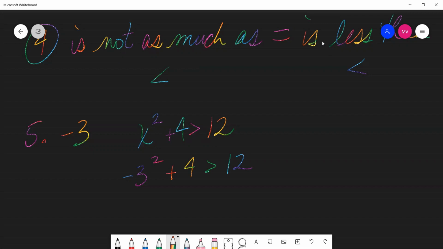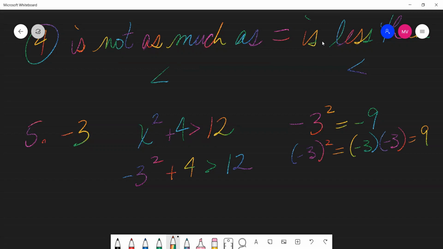Here's the difference. -3 squared with no parentheses is sort of a trick. I sort of set you up, but I wanted to make sure you saw the difference. -3 squared is -9. But -3 squared in parentheses is -3 times -3, and a negative times a negative is a positive. So you see, you end up with different answers.